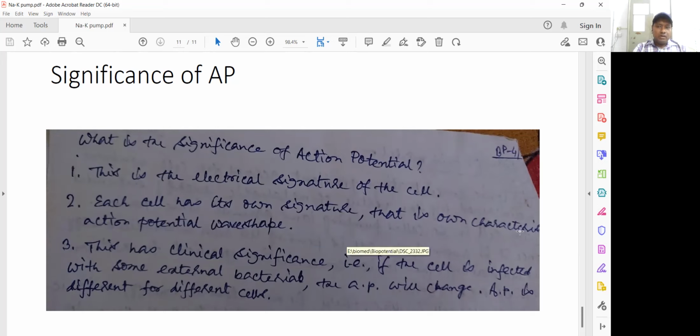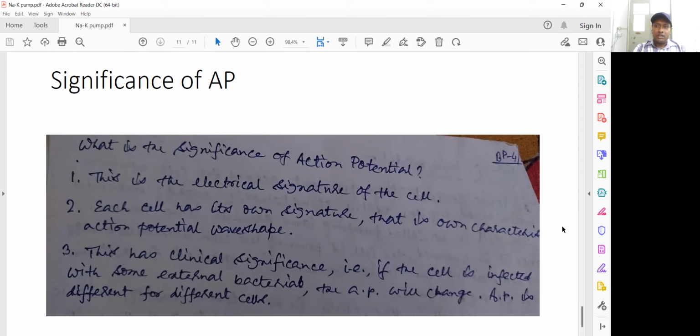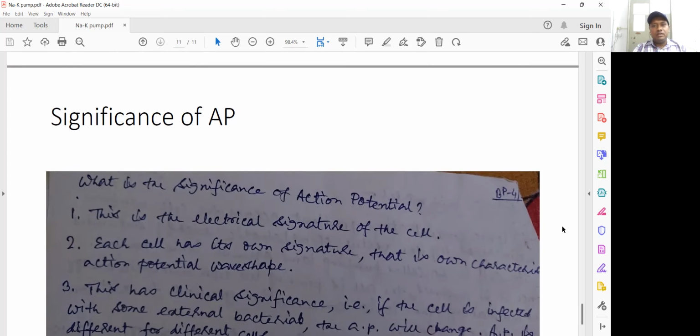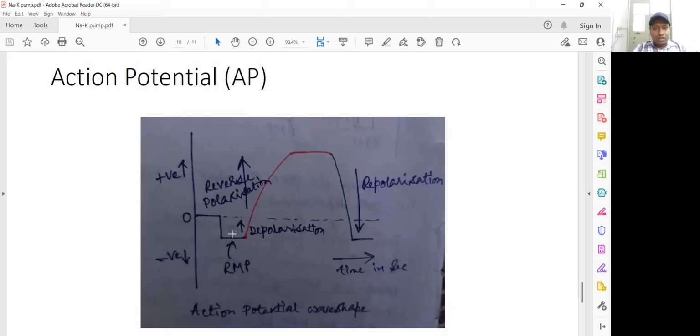Okay, and the third one is that this has some clinical significance, obviously. If the cell is infected with some external bacteria, obviously the resting membrane potential will not be the same in that case. Either it will be higher than 90 millivolt or less than 90 millivolt, and the RMP will not start from minus 90 millivolt.